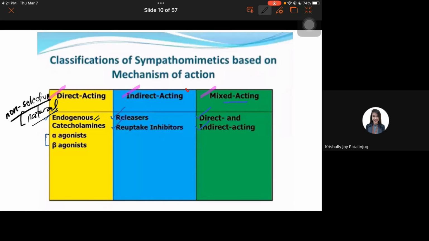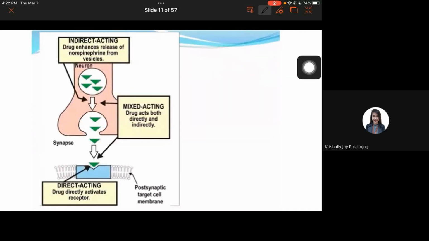Whereas, ang mga alpha agonist and also beta agonist, sila naman ay classified specifically as selective direct acting. So later, I will give overview what does these terms mean. Okay? Sige. So for this slide naman, ayan. Okay, I will give an overview.